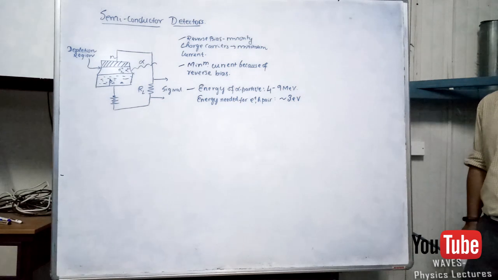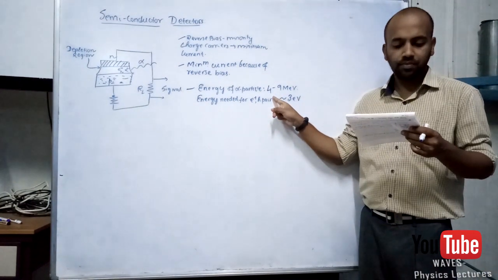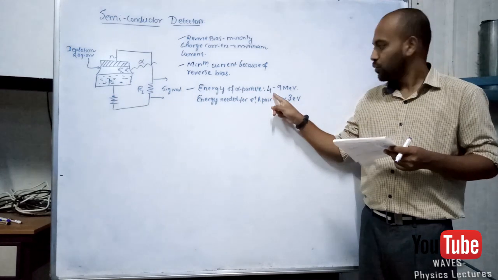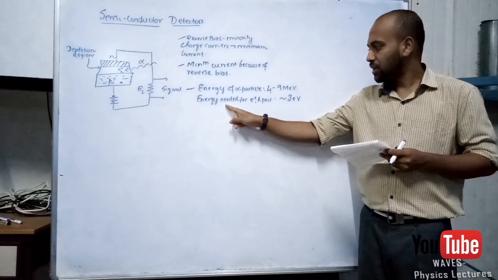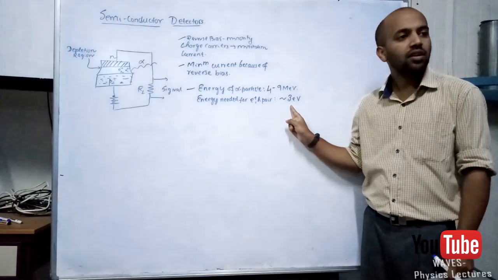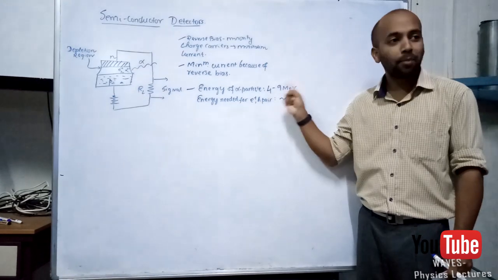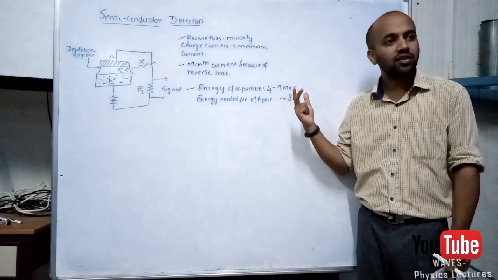So if you have an energetic particle like an alpha particle with an energy of 4 MeV, but the energy needed for a single electron hole pair is just 3 eV, that means the alpha particle is going to generate a number of electron hole pairs.